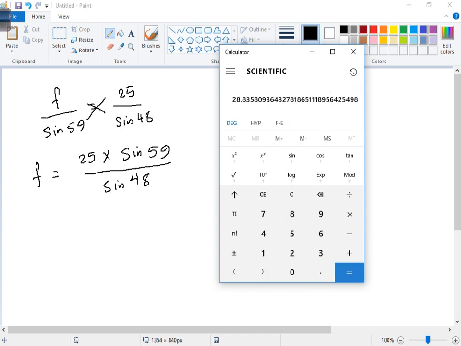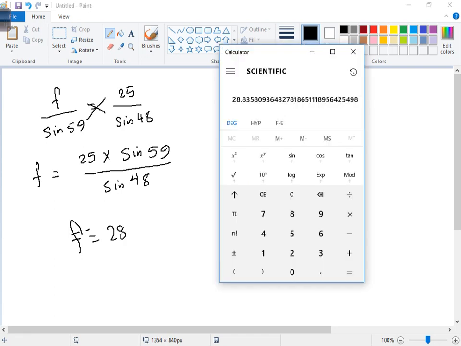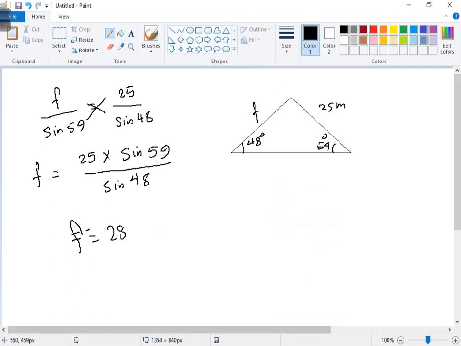The answer is 28.84. So F equals 28.84 meters. That is how we work the sine rule.